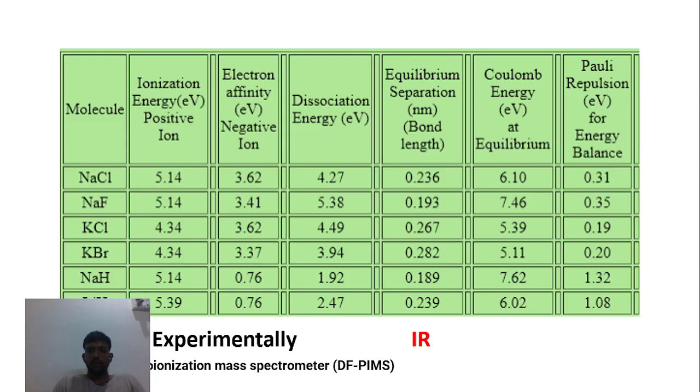That is the main purpose, and I feel this video gives you one more piece of information on why in ionic bonding we cannot get away without the Pauli repulsion term.